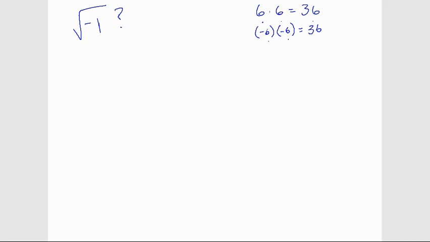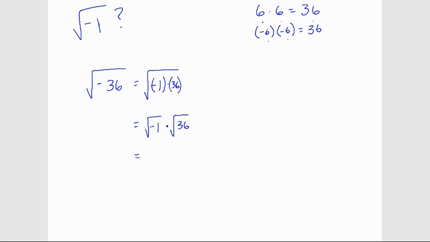What instead we do is think about, well, maybe let's say I wanted to find the square root of -36. Okay, I know that this is square root of -1 times 36. And then I can use my property of radicals to separate this, and I get square root of -1 times square root of 36.